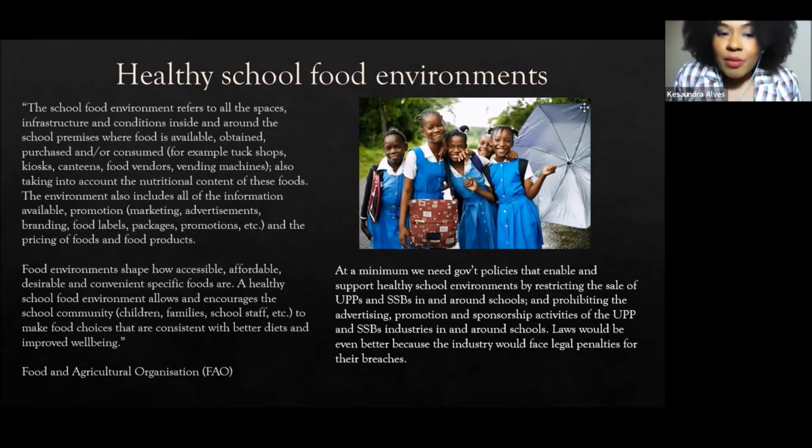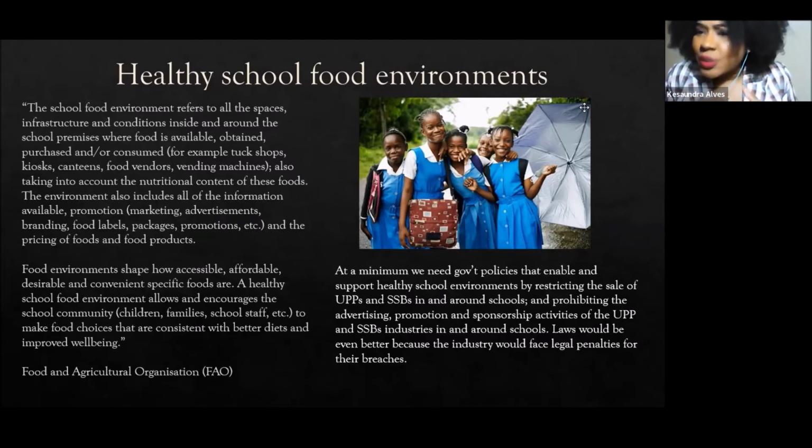The environment also includes all of the information available, promotion, the marketing, the advertising, the branding, the food labels, the packages, promotions, etc., and the pricing of foods and food products. So one of the panelists mentioned earlier that the fast food, the bad foods, the ultra-processed products tend to be cheaper.